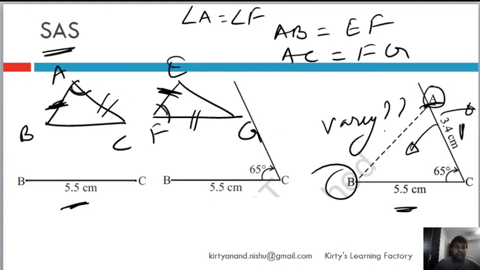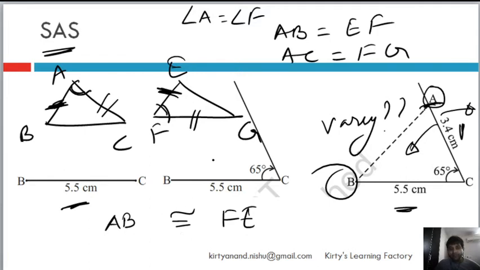Now if I have to write the congruence, what we learned is that we will have to correspond the vertices. So angle A here will correspond to angle F. So we write A and then we write F. Now AB is equal to EF. A we have already written, let's write B, and AB will be equal to EF, but F is corresponding to A, so E will correspond to B, okay?